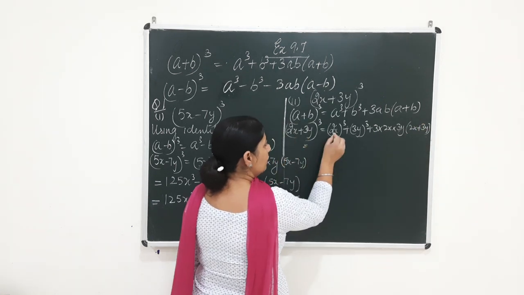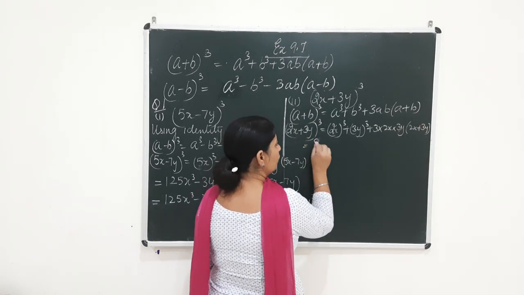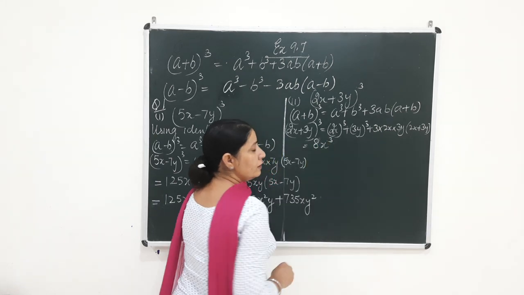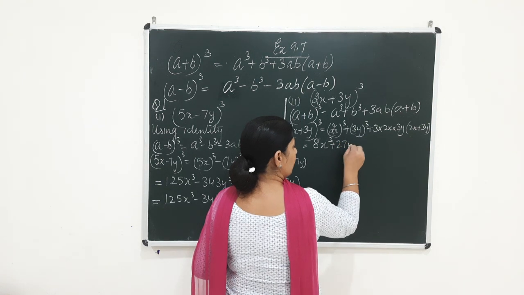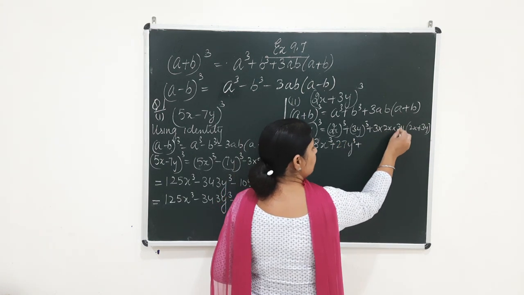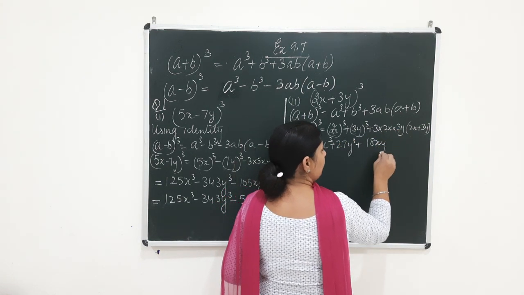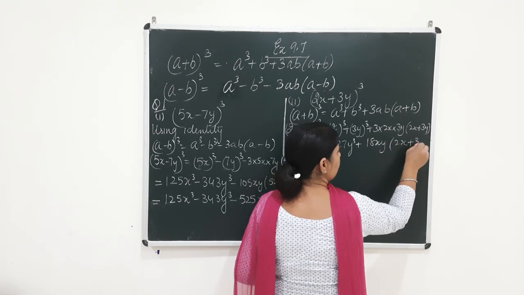So what do you get? 2 cube. 2 into 2 into 2, that is equal to 8. 3 into 3 into 3, that is equal to 27. Clear? 3 twos are 6, 3 sixes are 18 xy bracket start 2x plus 3y.